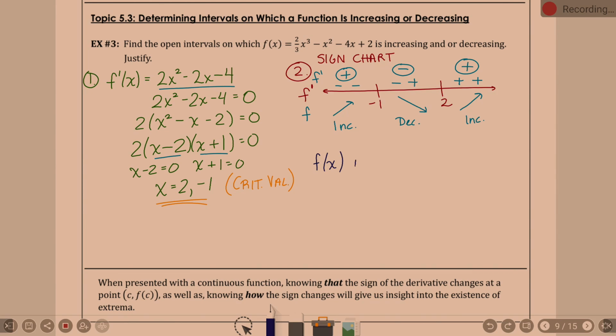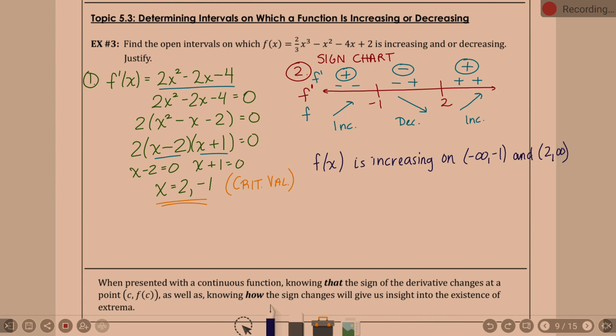So f of x is increasing on the interval -infinity to -1, and 2 to infinity. Why?